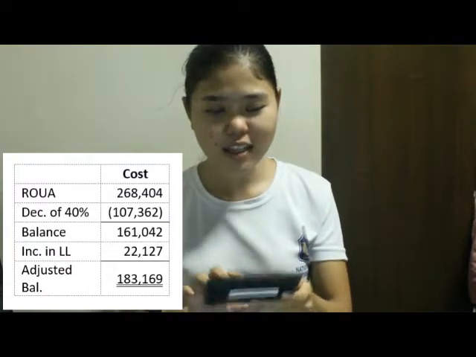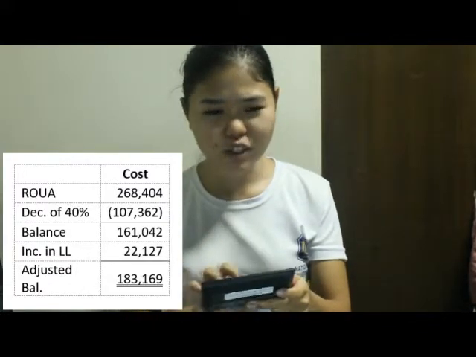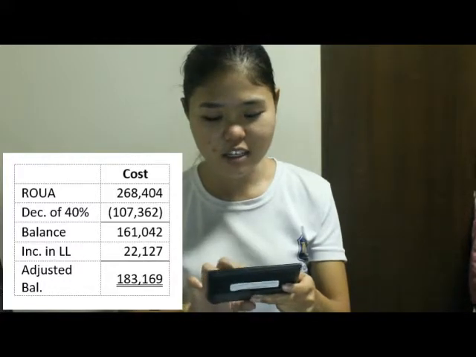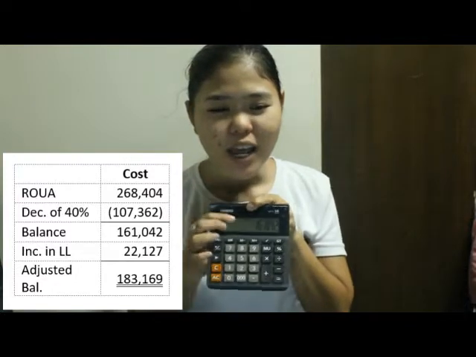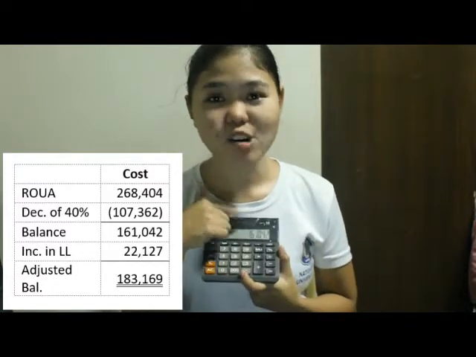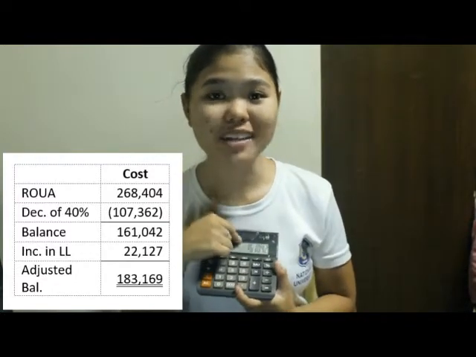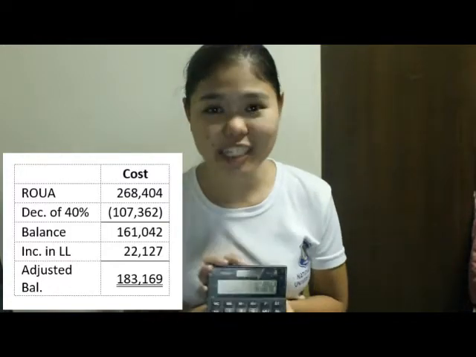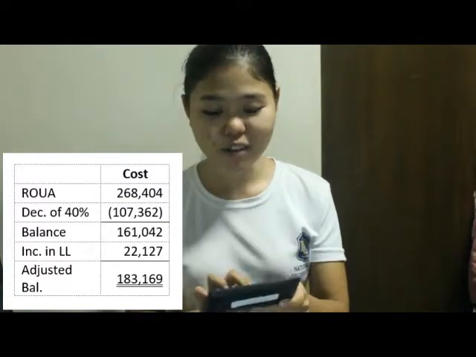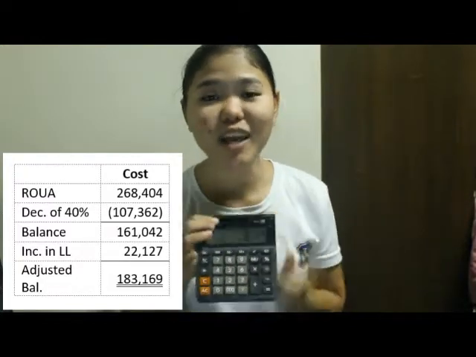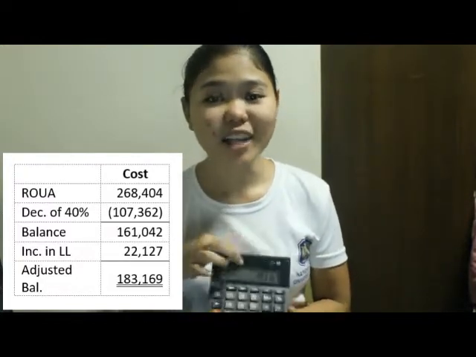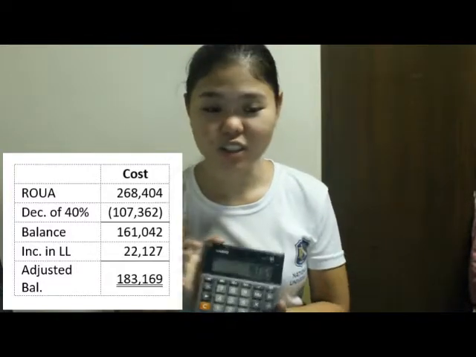So, 268,404 minus 107,362, yung 161,042, ito na yung balance ng right-of-use asset based sa cost. I-add yung increase na 22,127, equals 183,169. Ito na yung adjusted balance ng right-of-use asset based sa cost.